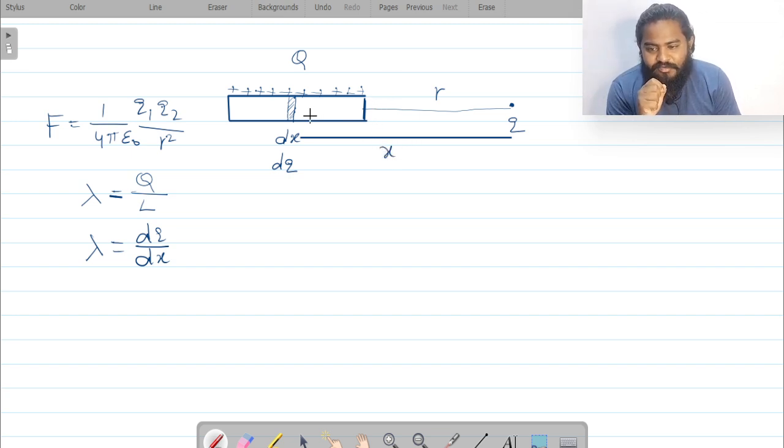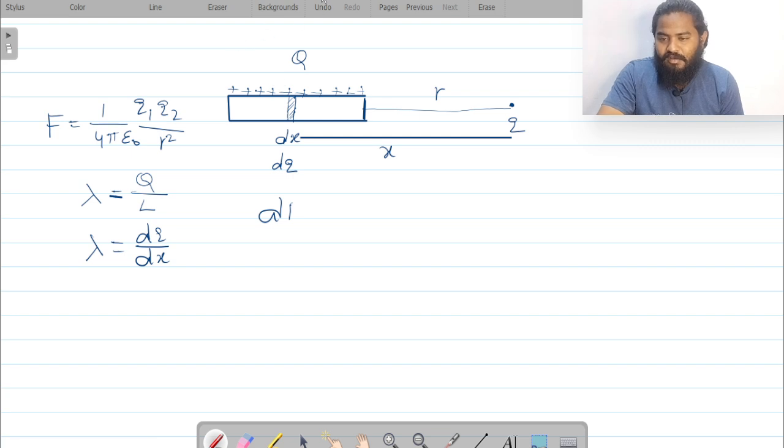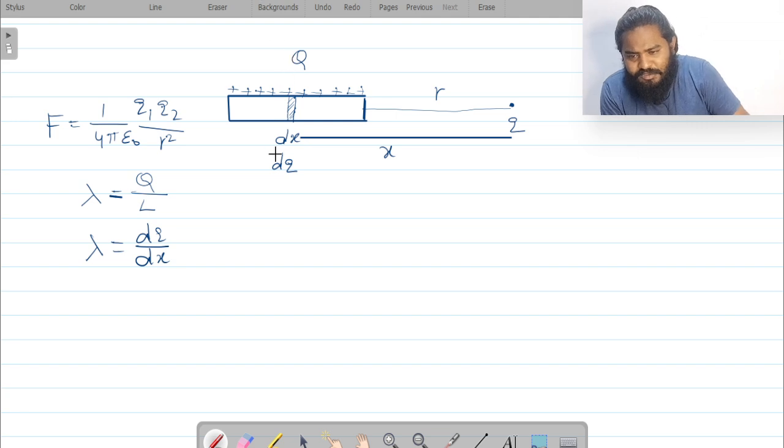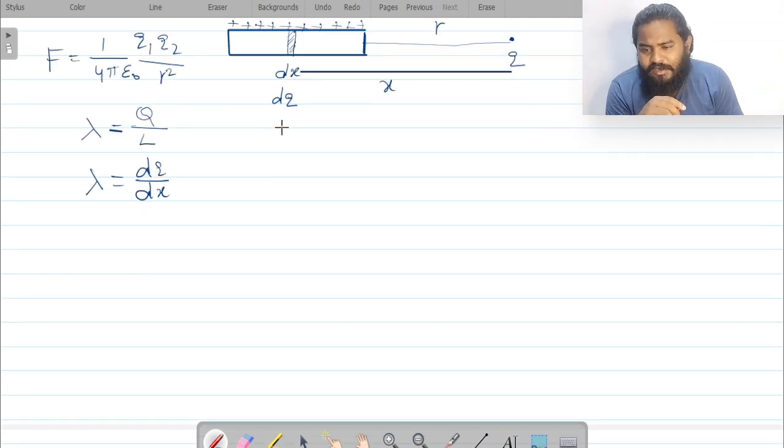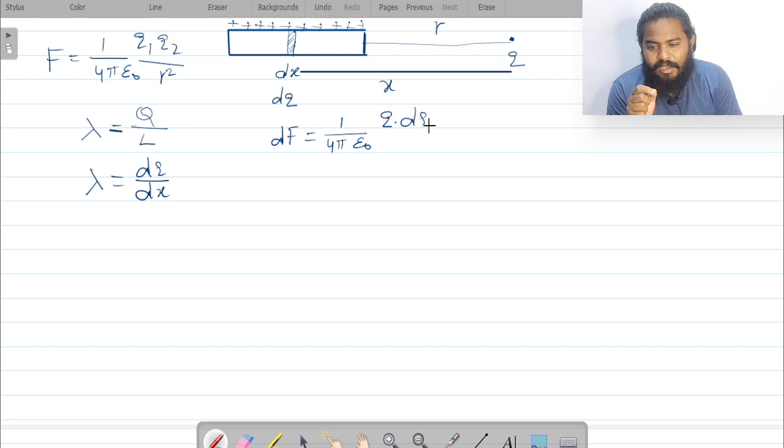First I'll find the force between dq and capital Q, then I will integrate to get the total force. Got it? So dF is the force because of this very small charge, a very small amount of force. dF is equal to the force between dq and q, 1 by 4 pi epsilon naught q dq by x square.